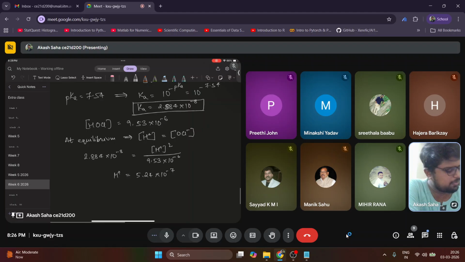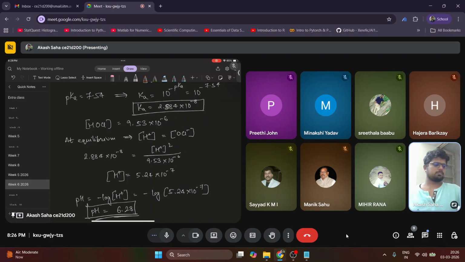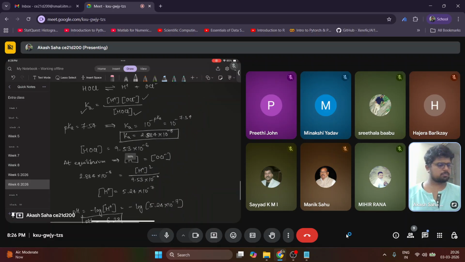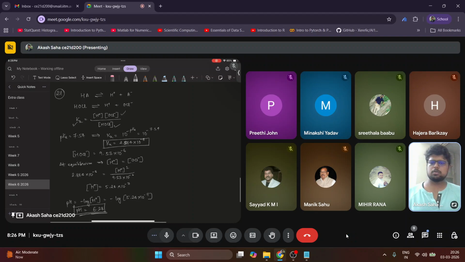In our question they have asked the pH. pH is negative log of H plus, so minus log of 5.24 into 10 to the power minus 7 gives 6.28.